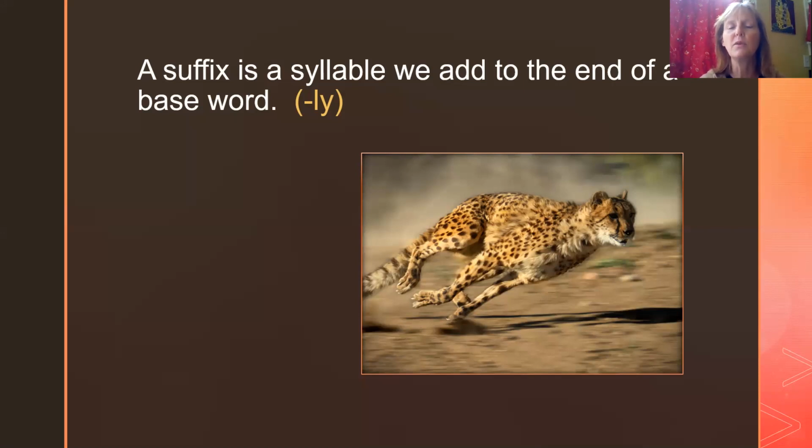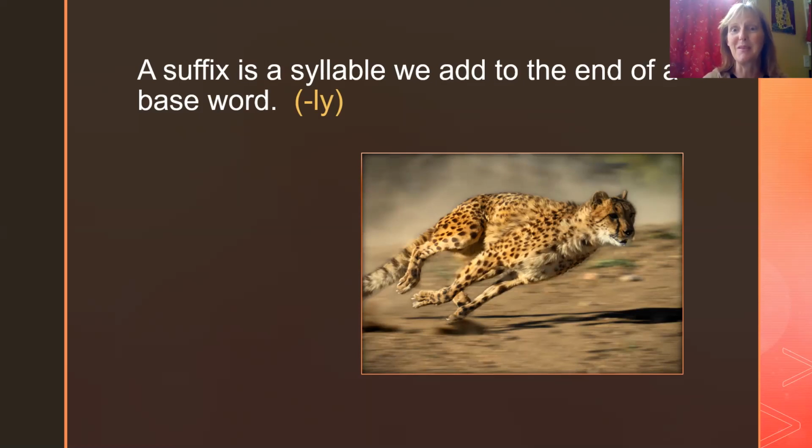And so when we have LY, it seems tricky because sometimes Y is a vowel and sometimes it's a consonant. In this case, it acts like a vowel, and that gives us the vowel sound in "li" or "lie" at the end of a word.